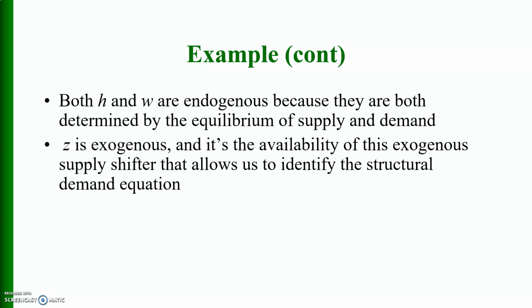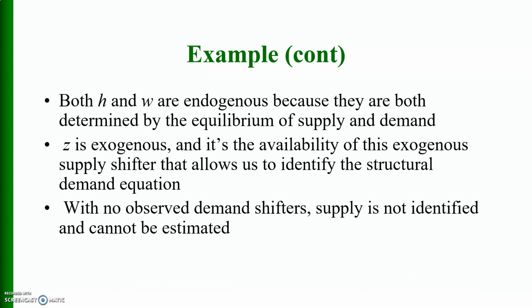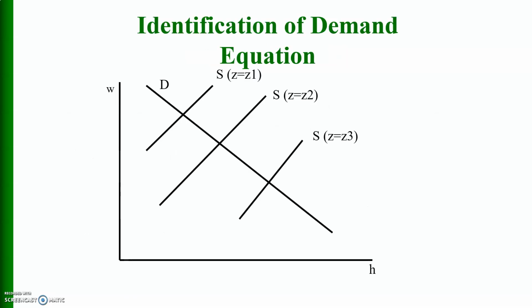Z is an exogenous variable, and it's the availability of this exogenous supply shifter which allows us to identify the structural demand equation. With no observed demand shifters, supply is not identified and cannot be estimated. So if you look at this figure, the downward sloping curve is the demand for labor, and there are three supply curves for labor.